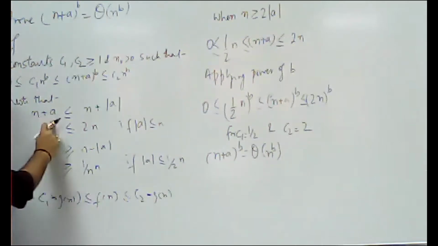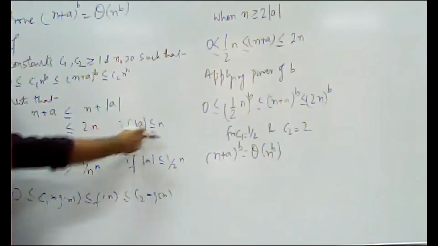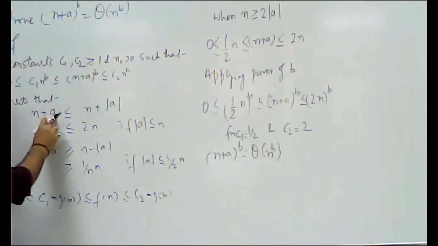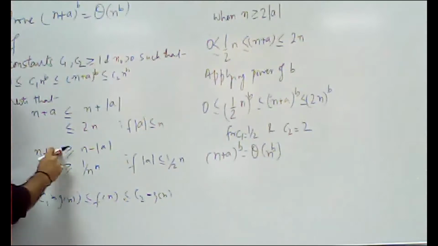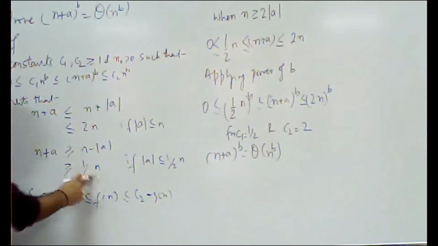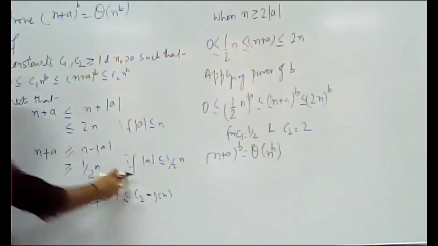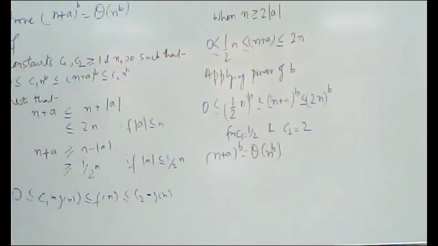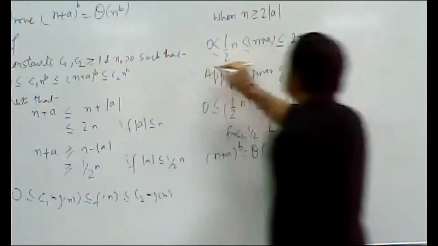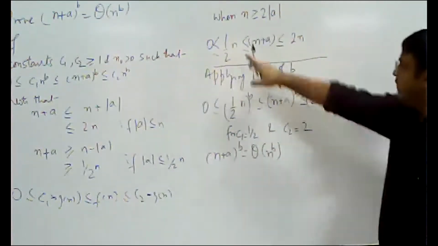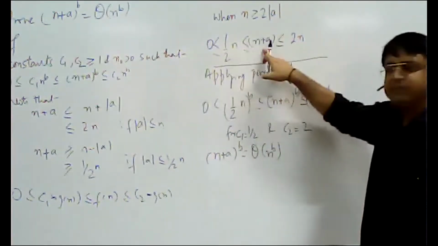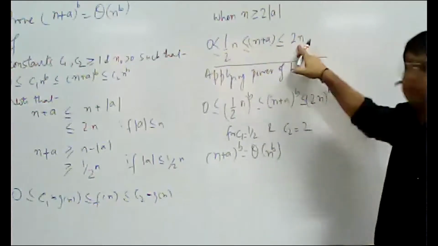So n plus a will obviously be less than or equal to 2n, since the a value can be maximum n. And it will be greater than or equal to half of n if the a value is half of n. So this is obvious. Using this inequality, half of n is less than or equal to n plus a, and n plus a is less than or equal to 2n.